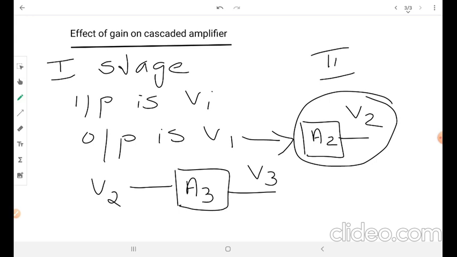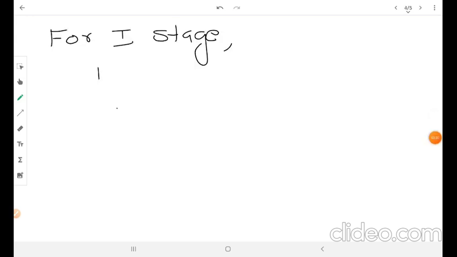So, for the first stage we can write gain A1 angle theta 1 equals output voltage divided by input voltage. For the first stage, the output voltage is V1 and the input voltage is Vi.